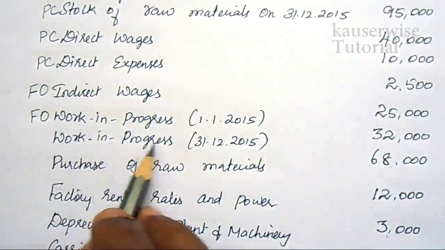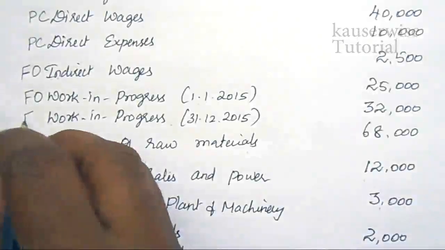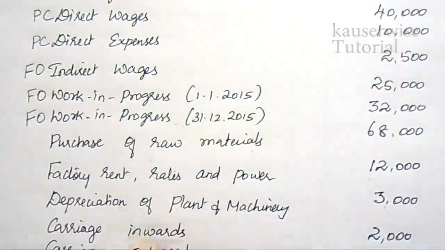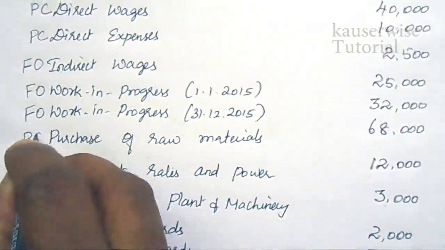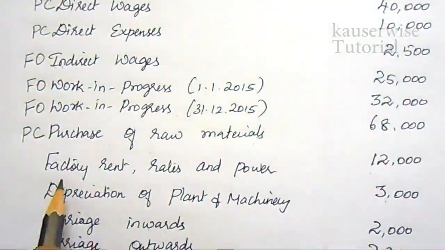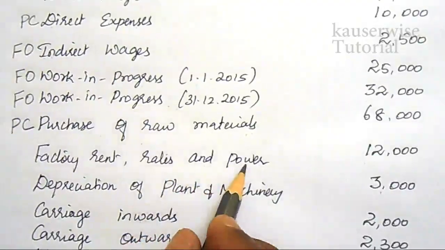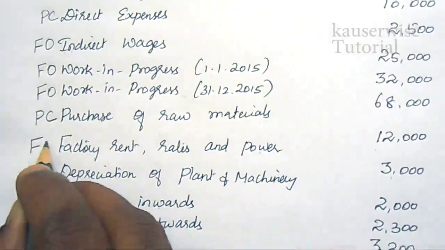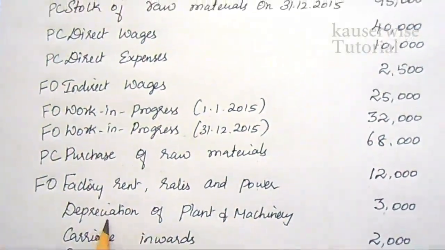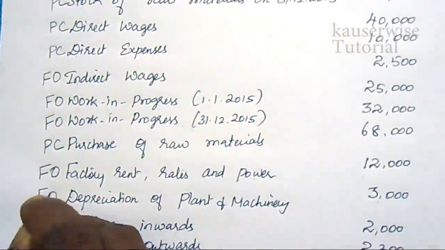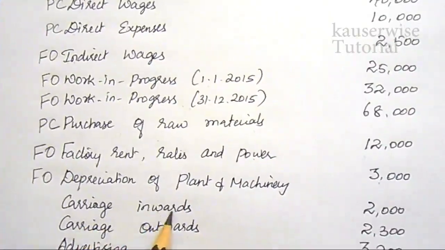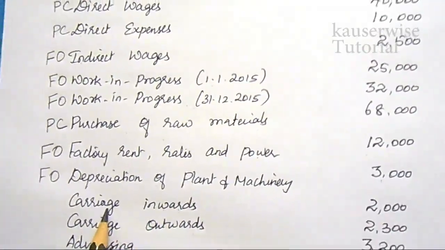Next one, closing stock of work in progress, also factory overheads. Next one, purchase of raw materials, this comes under prime cost. Then factory rent, rates and power, which comes under factory overheads. Then depreciation of plant and machinery also belongs to factory overheads. Then carriage inwards, which belongs to prime cost.